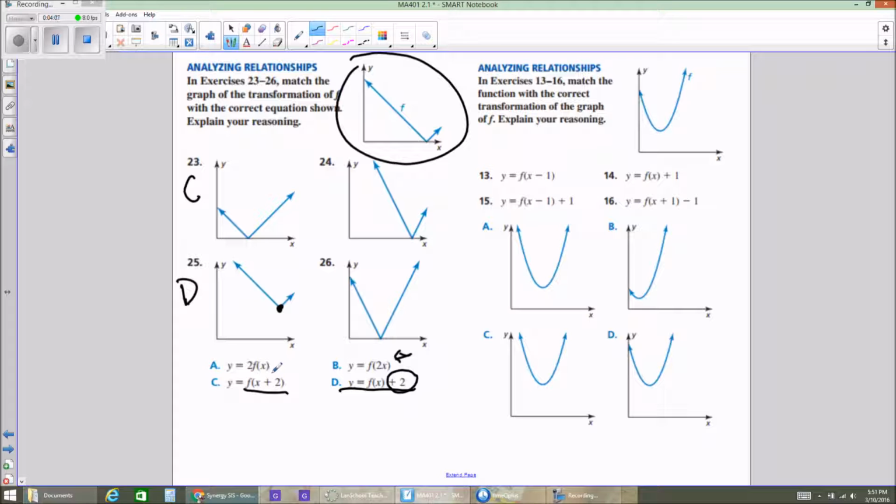Basically what's happening here is you're either multiplying the output or you're multiplying the input of the function. So we're going to say that a here multiplies the output of the function, and I'm going to suggest to you that the y values increase faster that way. That is why I'm going to choose A for 24. And then that means B is 26.